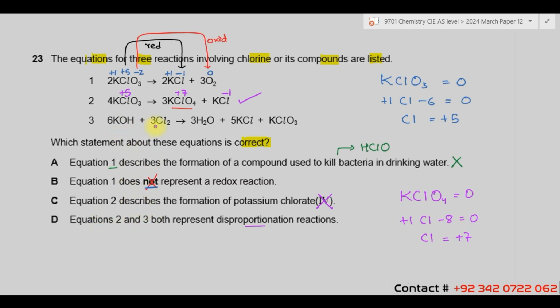And equation 3. We have molecular chlorine, so 0. KCl it is -1. In KClO3 it is +5. So 0 to -1 is reduction, 0 to +5 is oxidation. So both equation 2 and 3 represent disproportionation reactions.